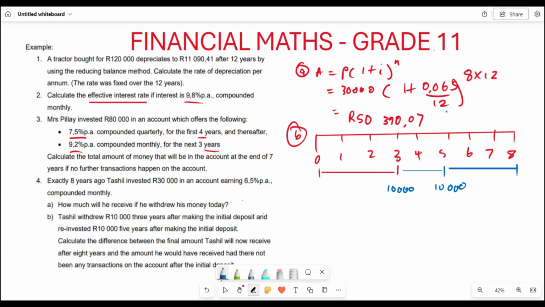Let's start here. I wanted to do it this way. We can firstly calculate in terms of the original amount, which is the 8 years. So let's use this formula, 1 plus i to the power of n. Initially, the investment was meant to be 8 years, right?